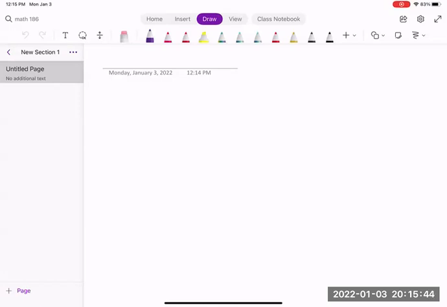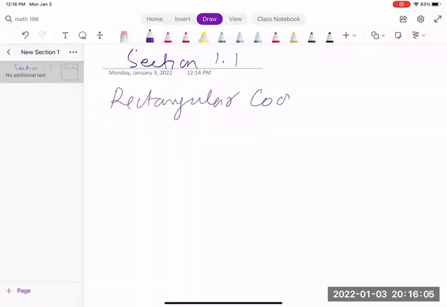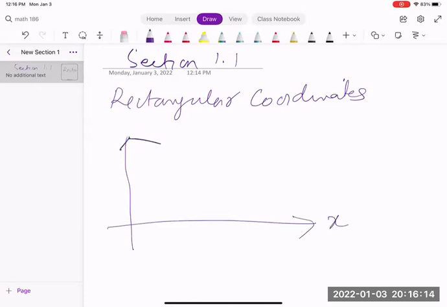Okay, so let's get started with section 1. For section 1, many of you might be familiar with this section, which is called the rectangular coordinate. Whenever we talk about rectangular coordinate, we are talking about the x and y.